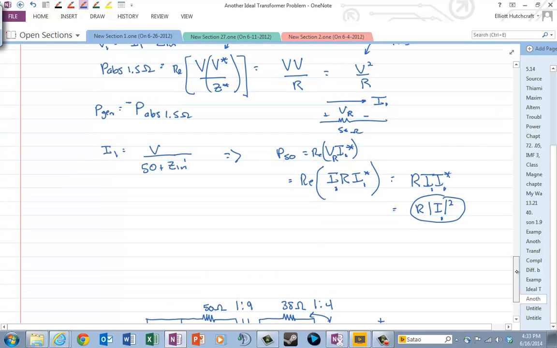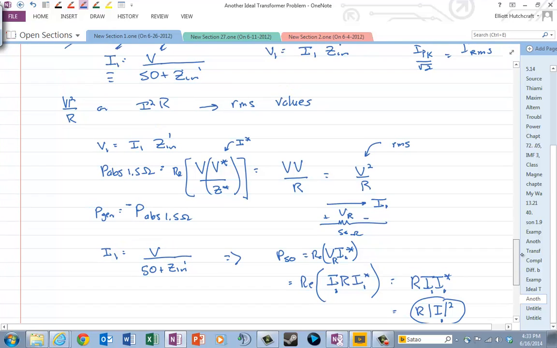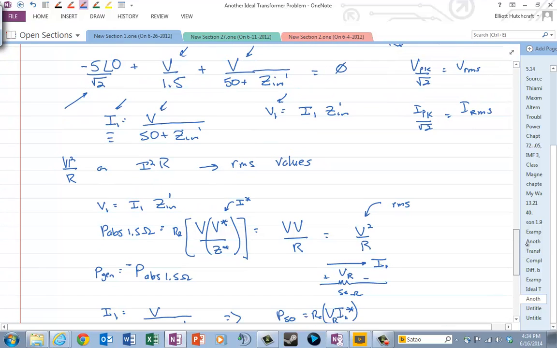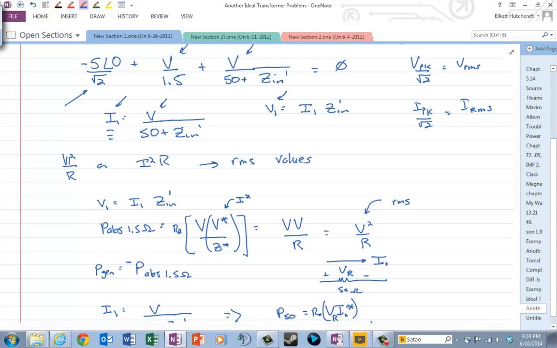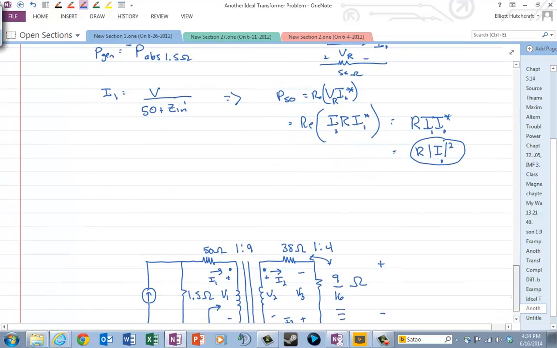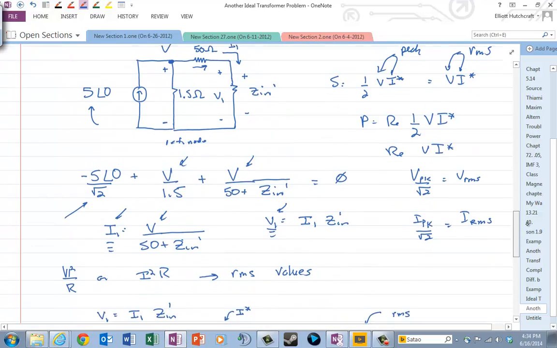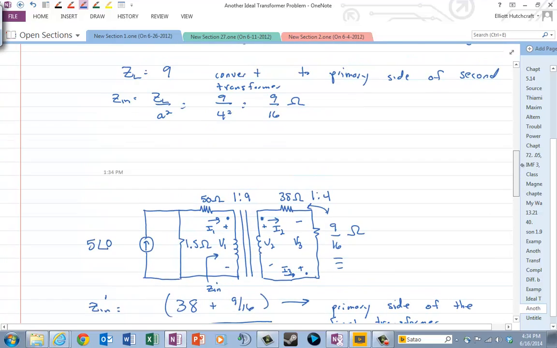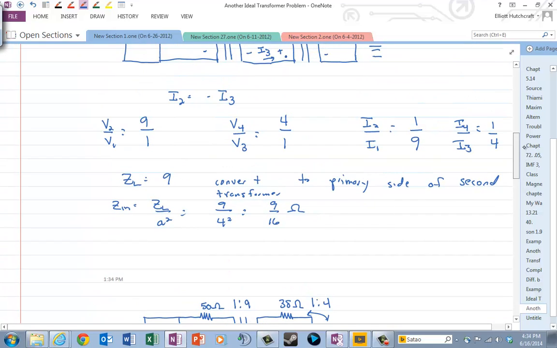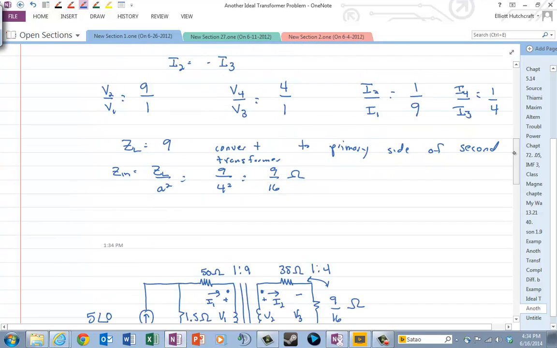Okay, I found V, I found I1, I found V1, because I know Zn prime and all that stuff. So I can use my ideal transformer equations, which are up here. That is, V2 is equal to 9V1. So I'll just copy these down.